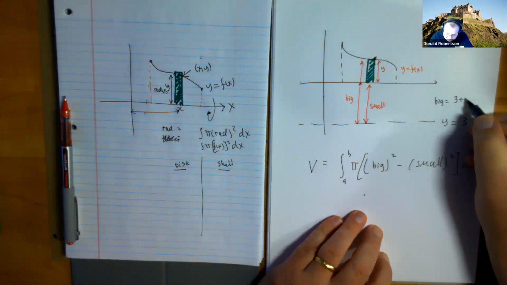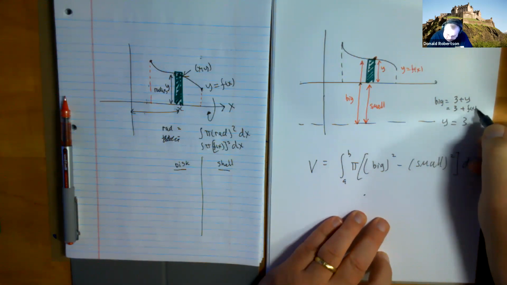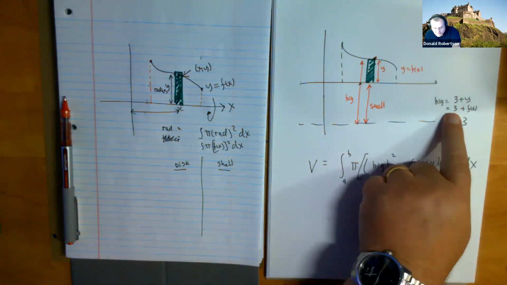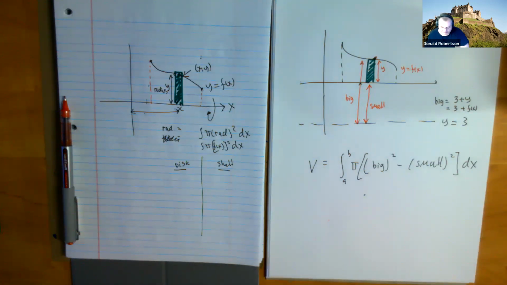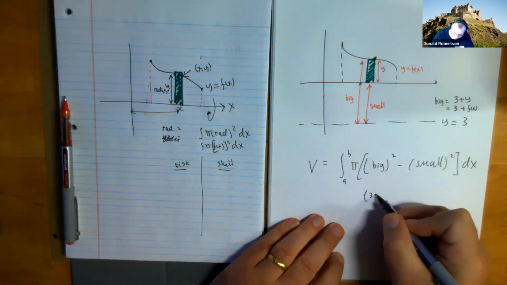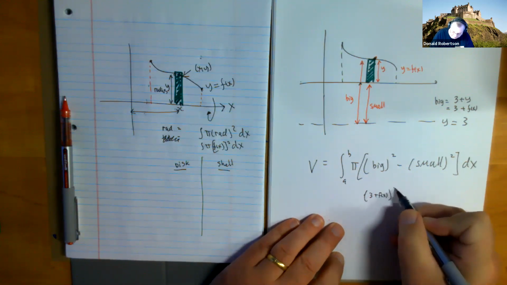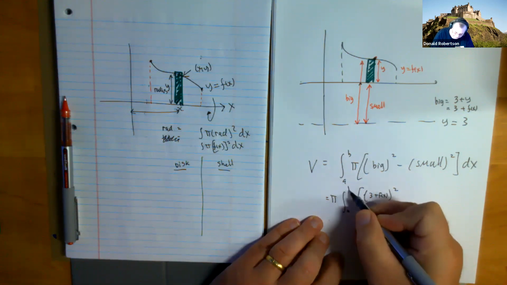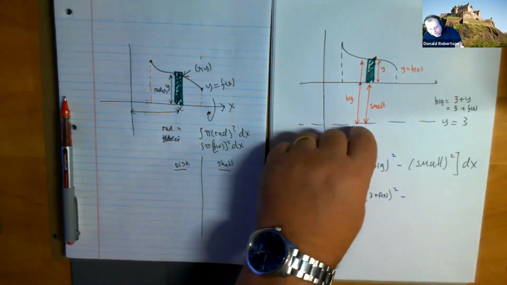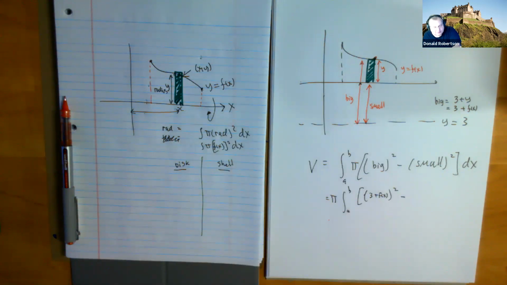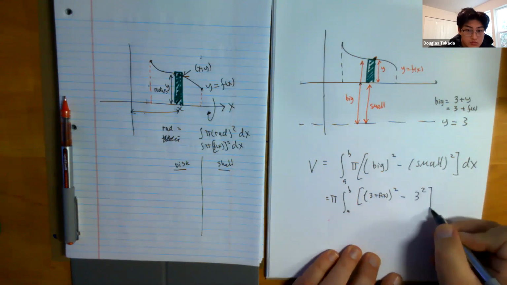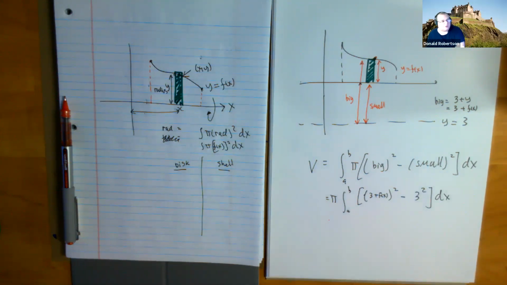So that's going to be a 3 plus a y, and that's going to become 3 plus f of x. So whatever f of x is, 3 plus f of x is the big radius. Now, what will the small radius be in this situation? 3. And it's just a number. And that takes care of that situation.